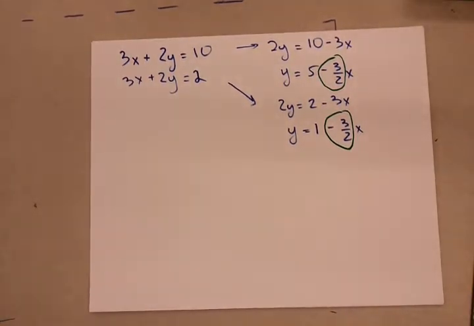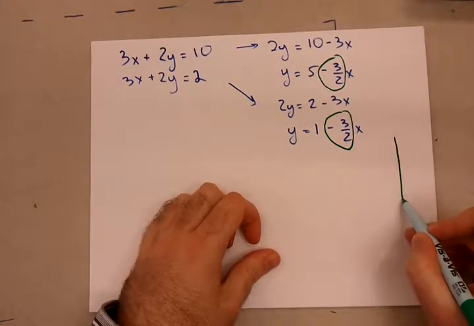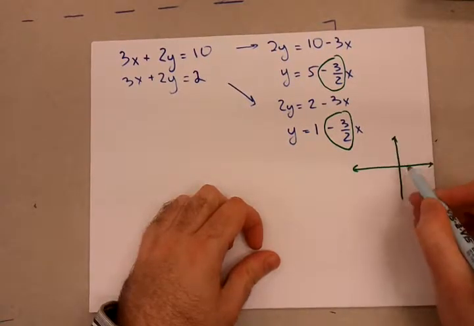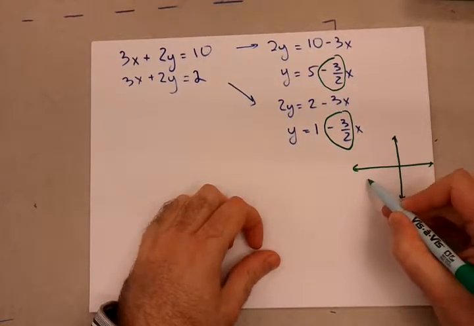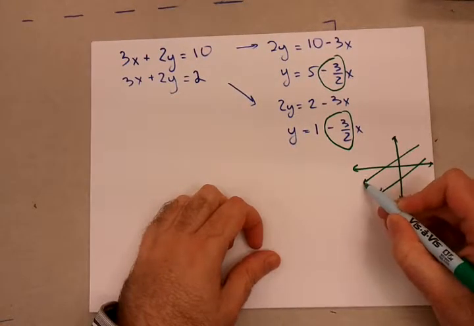If you remember from chapter 5, I think it was, when we were graphing, we learned that if two equations have the same slope, then they are parallel to each other. So let's just say, this does not necessarily have to be these two equations, but just to show you visually, these two are parallel.